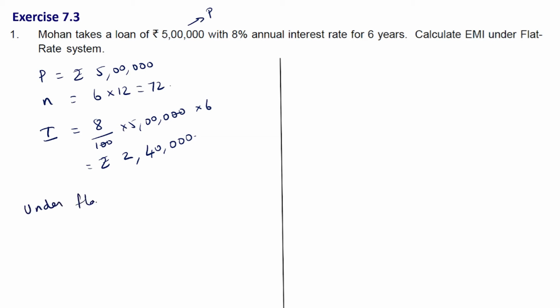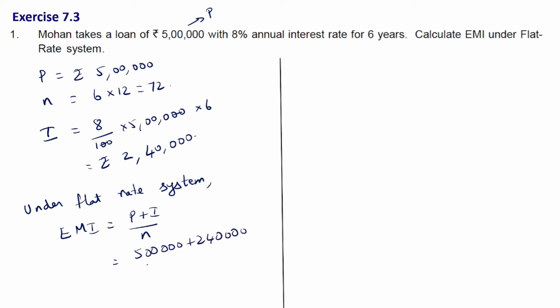Under flat rate system, EMI equals P plus I upon N. P is 5 lakhs plus I is 2,40,000, upon N which is 72.